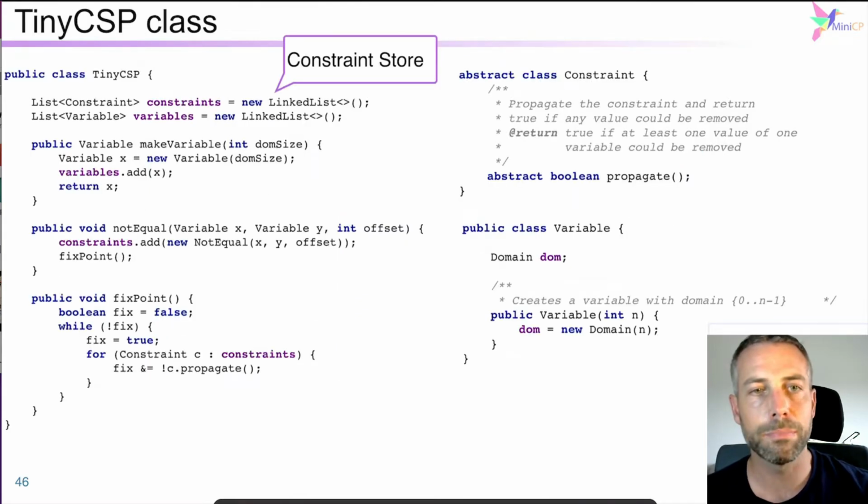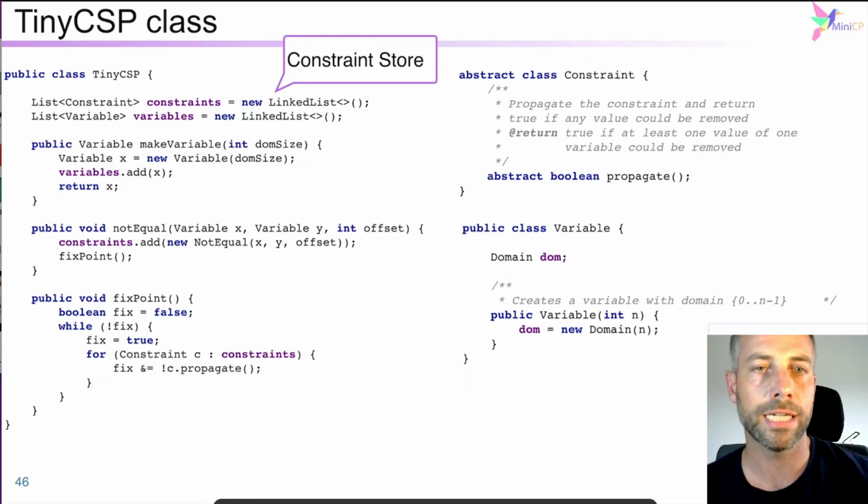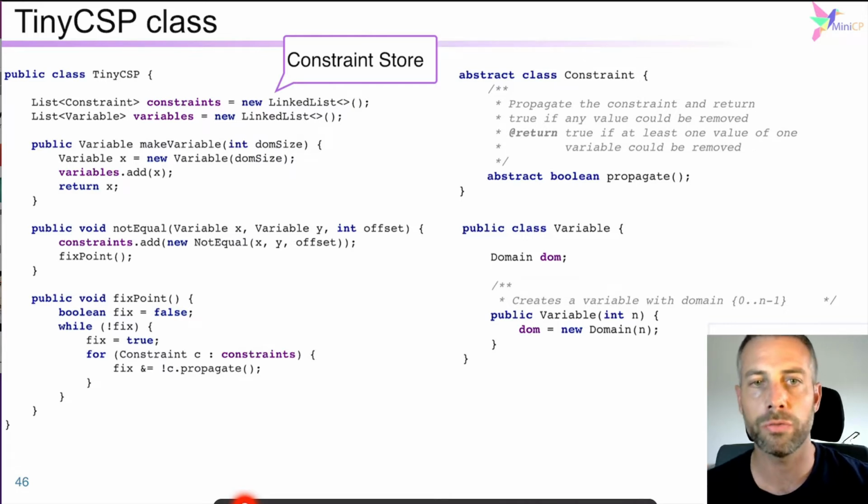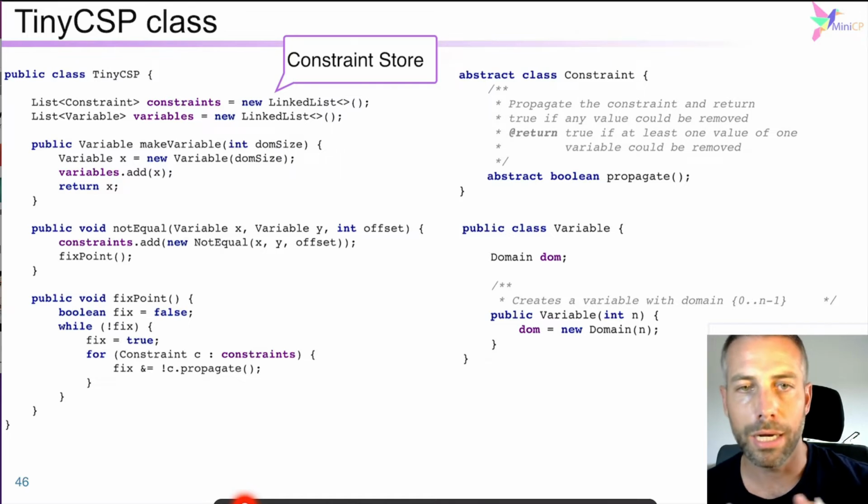How is it implemented internally inside the TinyCSP class? Inside the TinyCSP class, we have two lists, the list of constraints and the list of variables. And the constraints, of course, are acting on the variables. And we will store them inside a linked list. Let's say that this is the constraint store. We have, of course, a factory method that is able to create a new variable for our problem.